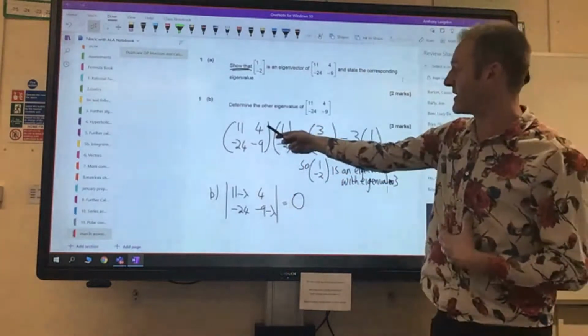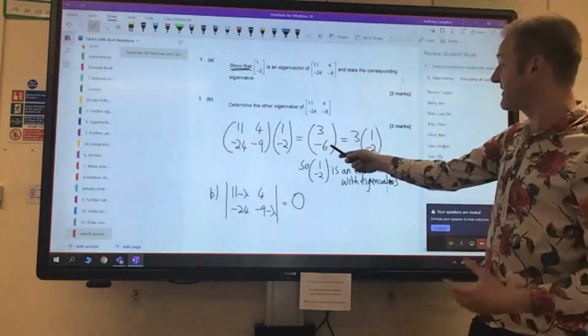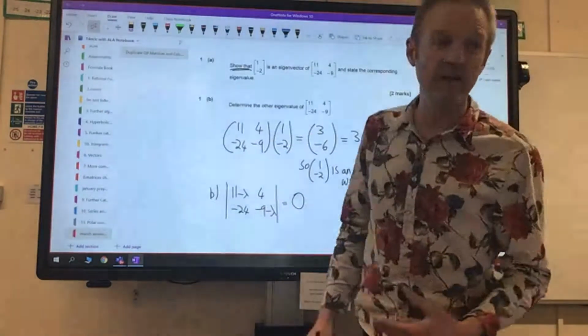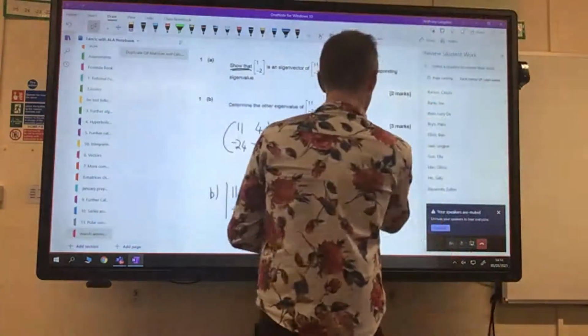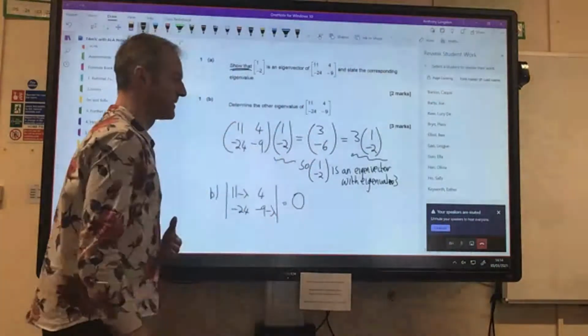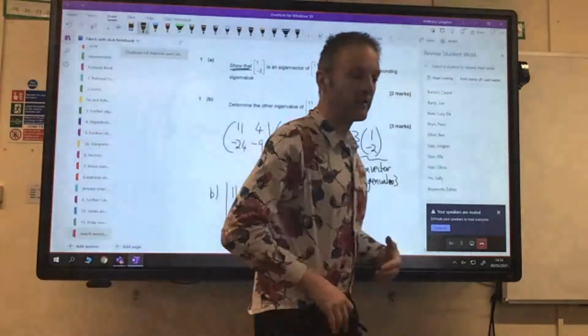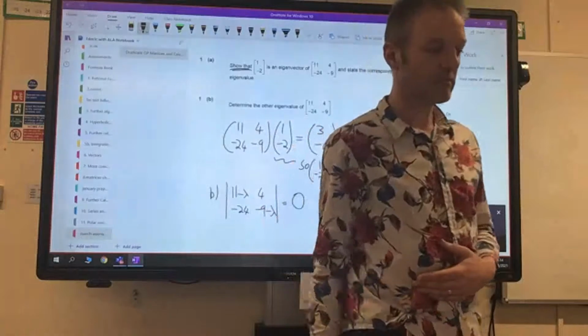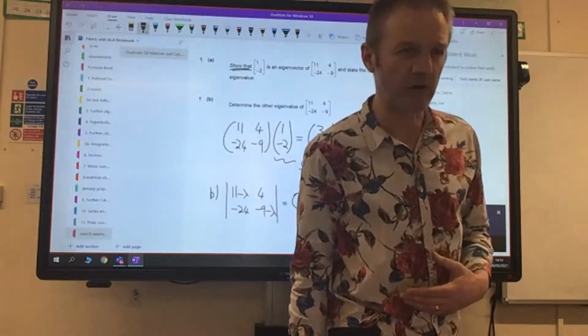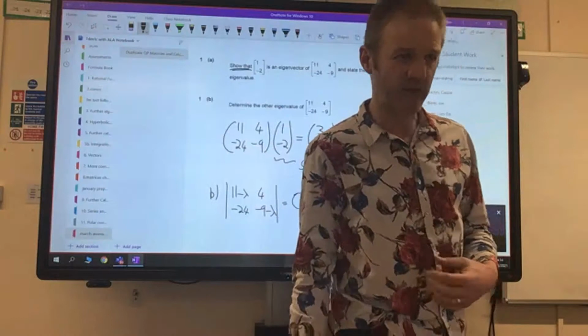I didn't know it was an eigenvector until I saw, oh look, it's 3, minus 6. That is 3 times 1, minus 2. Therefore, it is an eigenvector because this is a multiple of this. Does that answer your question? Was that Robert? Does that make sense, Robert?